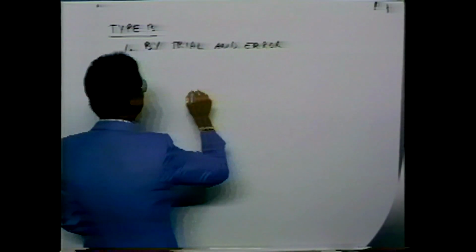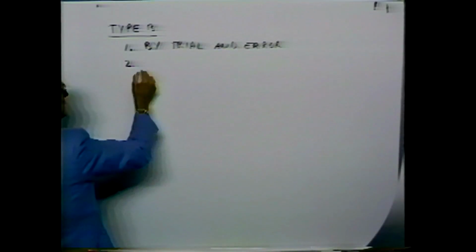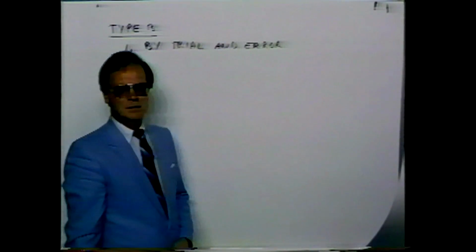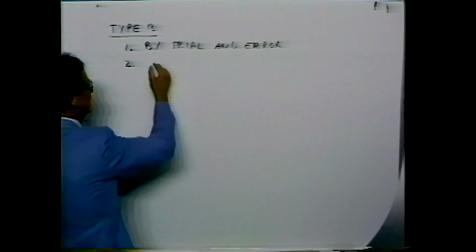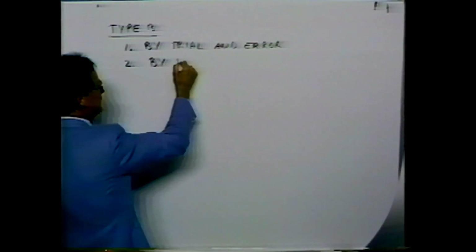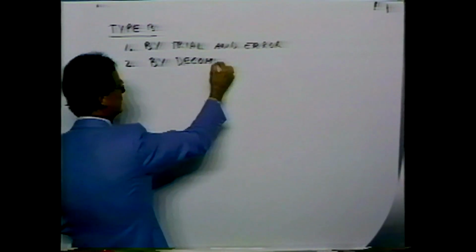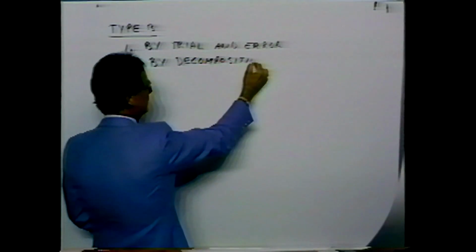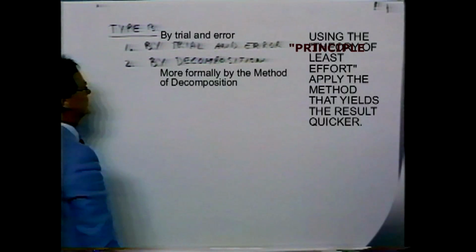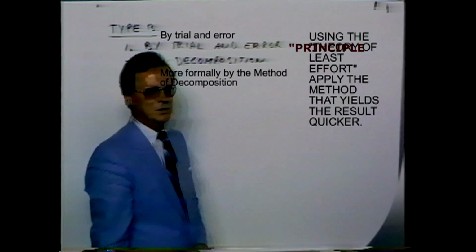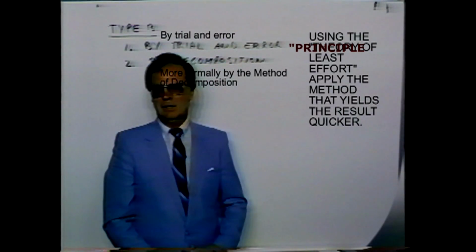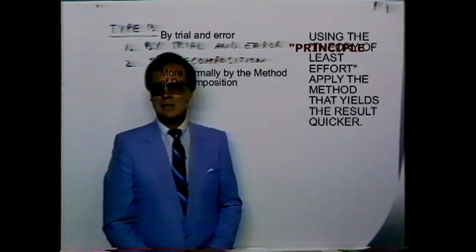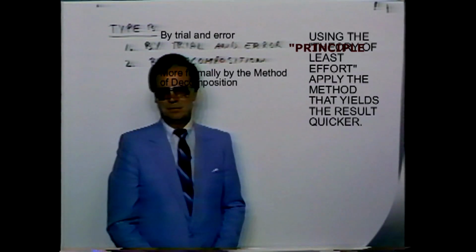This can be an efficient approach, but sometimes it is not. The other method is by decomposition. And you will study both. The method by decomposition is very basic and will always lead to an answer in a direct fashion.